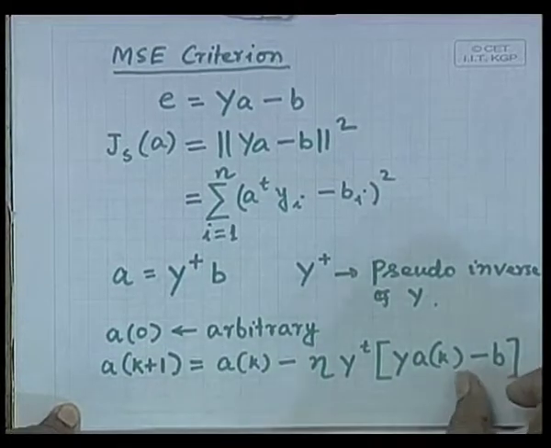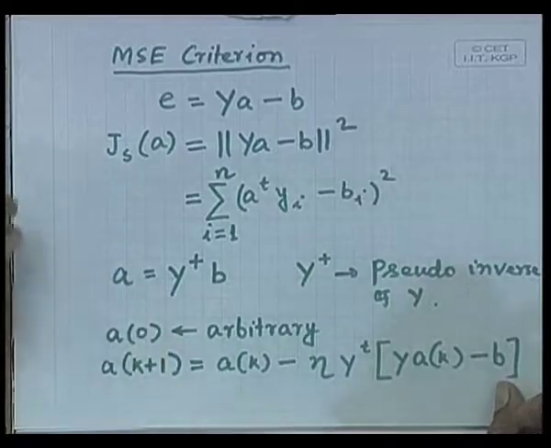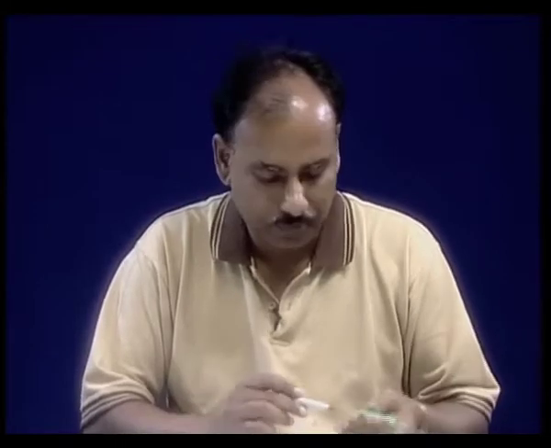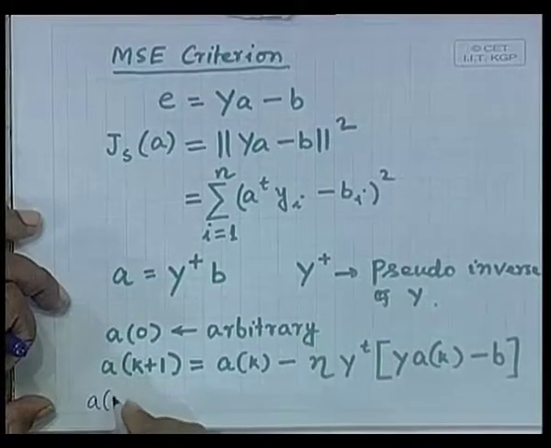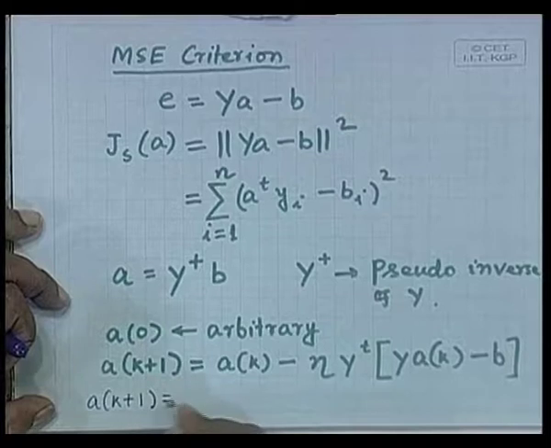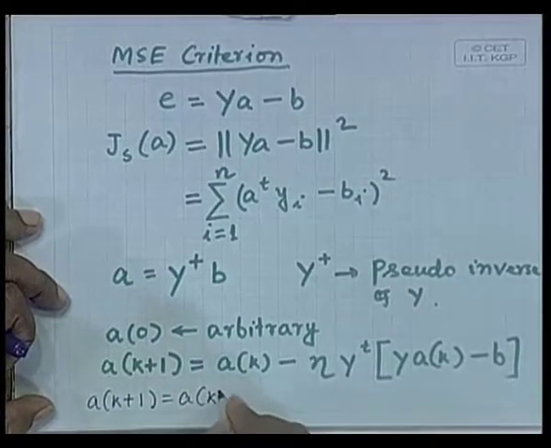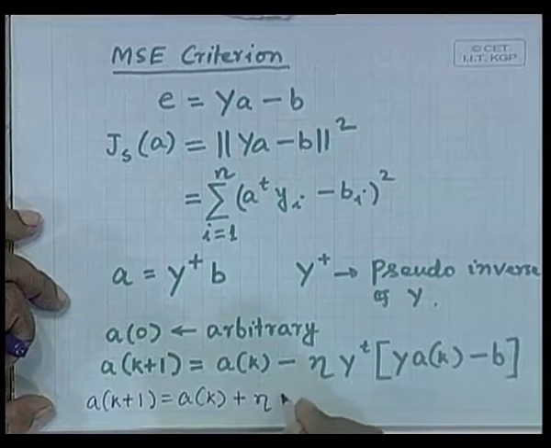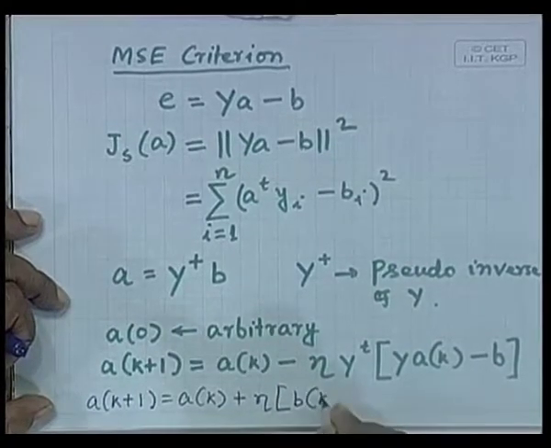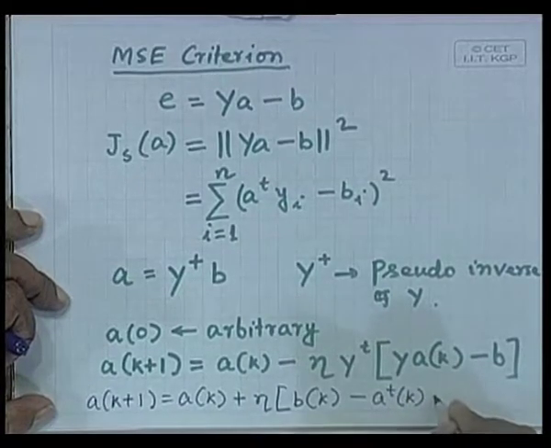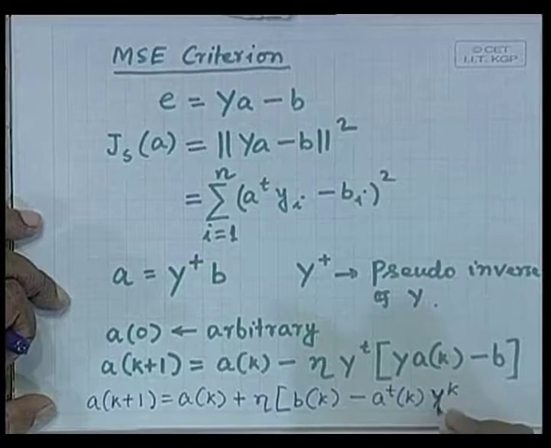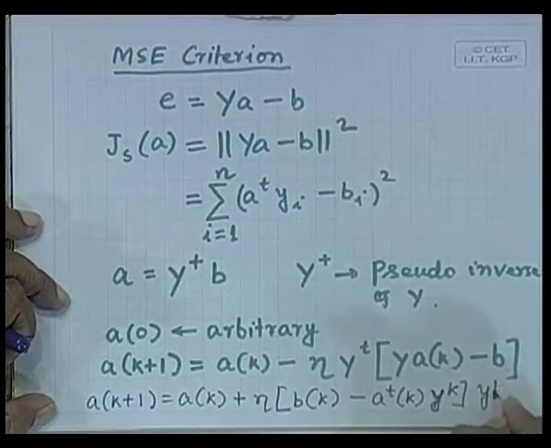So, we can also have in the same manner a sequential version of this iterative algorithm, and in the sequential version of the iterative algorithm, the iteration step will be modified as a k plus 1 is equal to a k plus eta times b k minus a k transpose y k into y k.